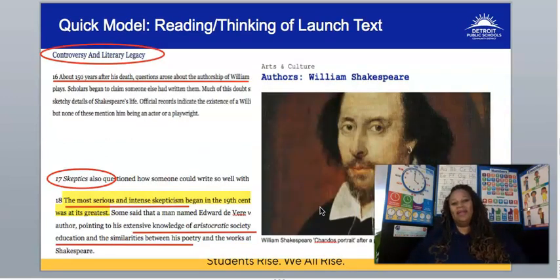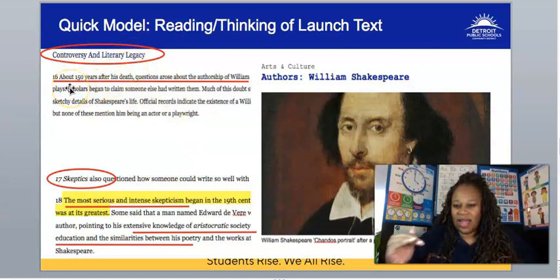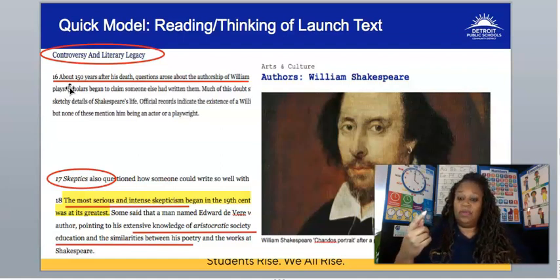A quick modeling of the reading and thinking we need to use in today's assignment. Let's go back to the section of our text entitled Controversy and Literary Legacy. In this section, I've underlined something I think might be important to you. About 150 years after his death, questions arose about the authorship of William Shakespeare's plays.